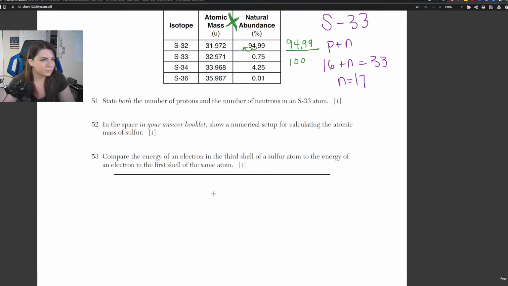So isotope 1, I'm going to do in this blue color. You would do 31.972 times, and I'm going to do it like I don't have a math brain because I don't, 94.99. Then I'm going to do the next isotope. I'm going to add that to 32.971 times 0.75. The next one will be purple.